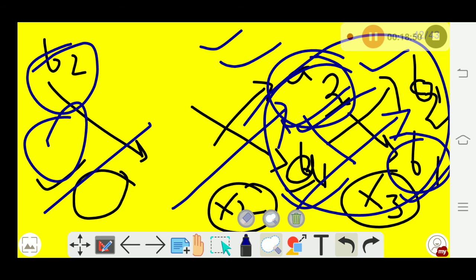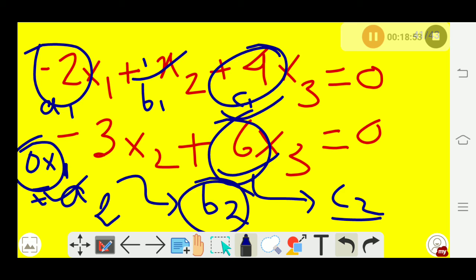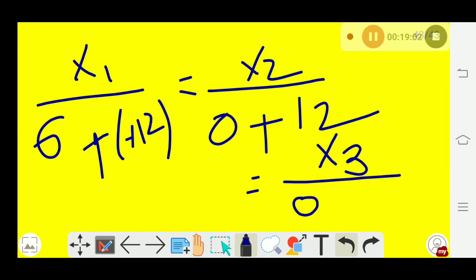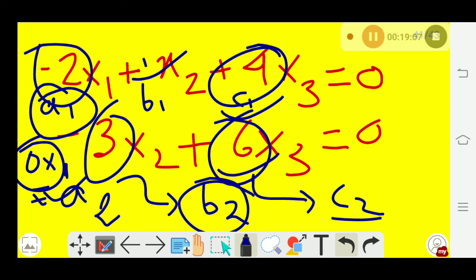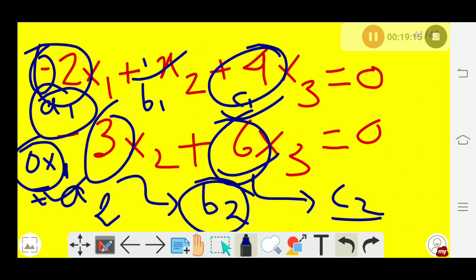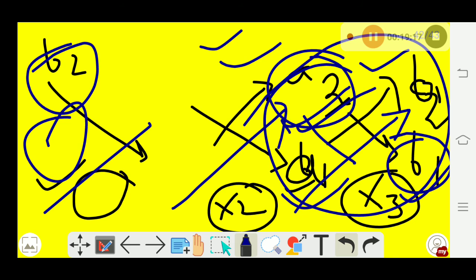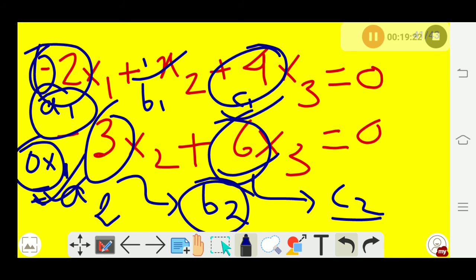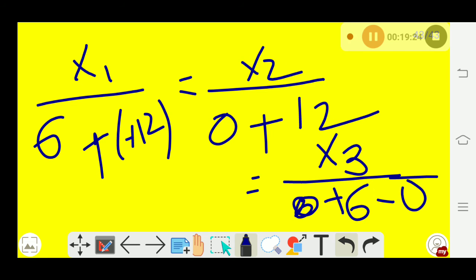So first a1 into b2, where is a1, a1 minus b2, this one, a1 into b2 is minus 6, and no, this is minus 2, plus 6. Calculation error might occur sometimes, I'm extremely sorry for that. And a2 into b1, a2 is 0, so whatever b1 it will be 0.